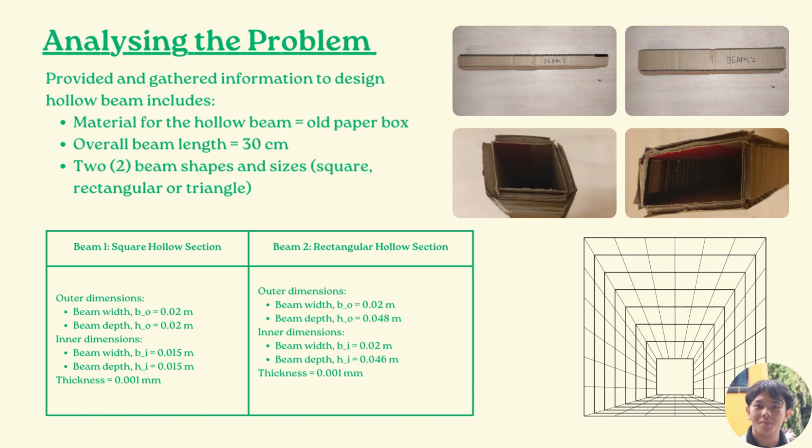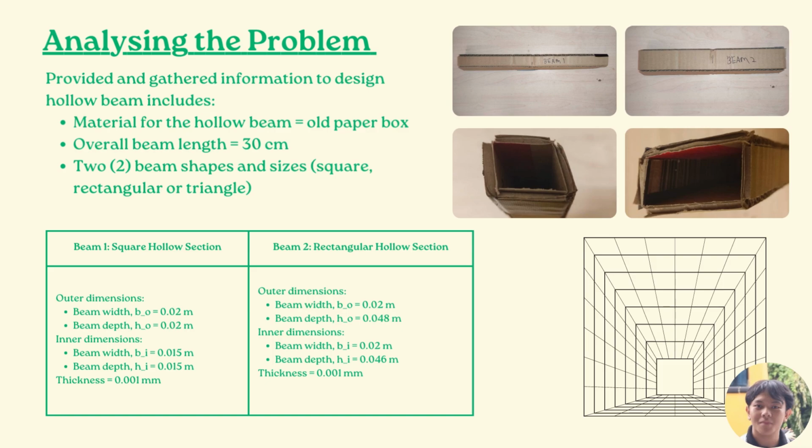The dimensions for our first beam are as follows. For the outer dimensions, the beam width and depth are the same value, which is 0.02 meter. However, the inner dimensions are 0.015 meter for both beam width and depth. Lastly, the thickness is 0.001 meter.